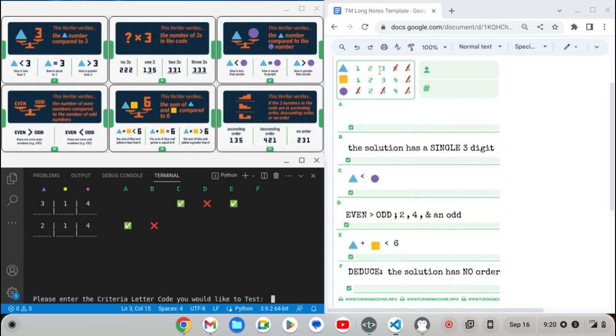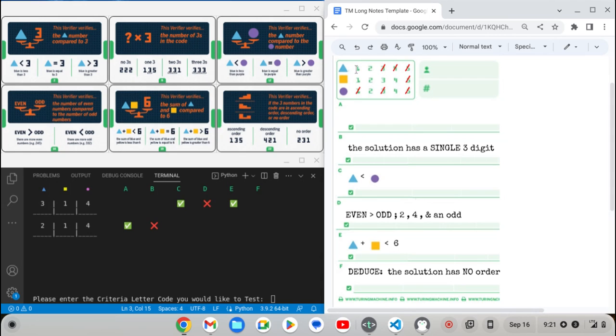So we know the 3 does not go in triangle, and well, we still don't know which is which. Oh, this is interesting. Okay, well, yeah, no, that means that square has to be the 3 based on, no, wait, no, we still have an odd.